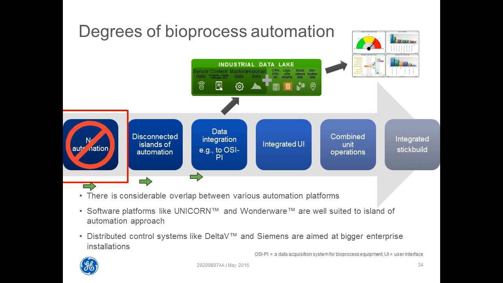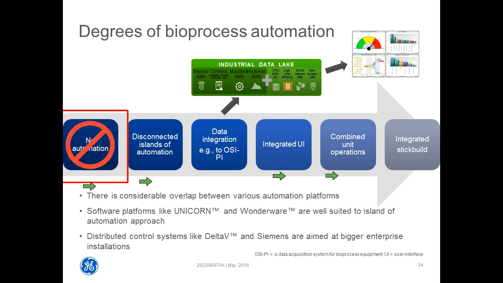We can then integrate the data coming out of these islands into a backend or backbone for further analysis, analytics, and so on. Moving on from that point, we can have an integrated UI that runs all of your automation or workflows in an integrated fashion.